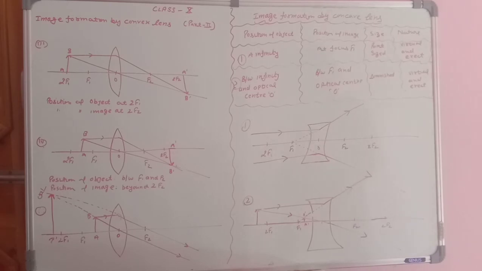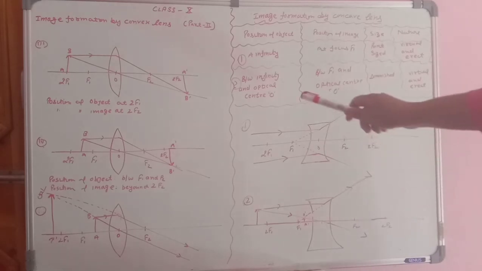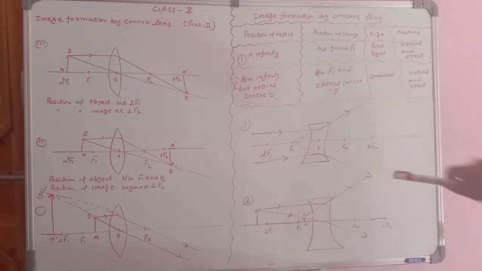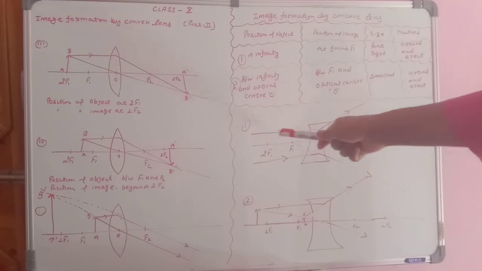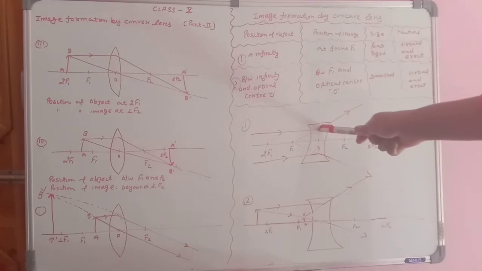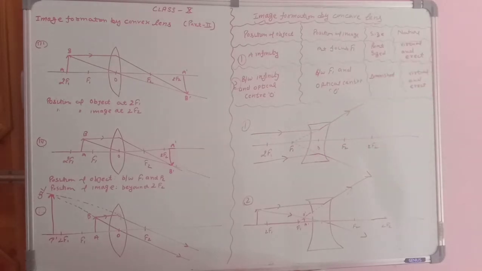Okay, so let us draw. You know that this is your concave lens. Everyone knows how to draw, I taught you already in live classes. First ray is going straight. Now it will not converge, it will diverge, that's why it is going away from the principal axis. The second ray is also diverging away from the principal axis.